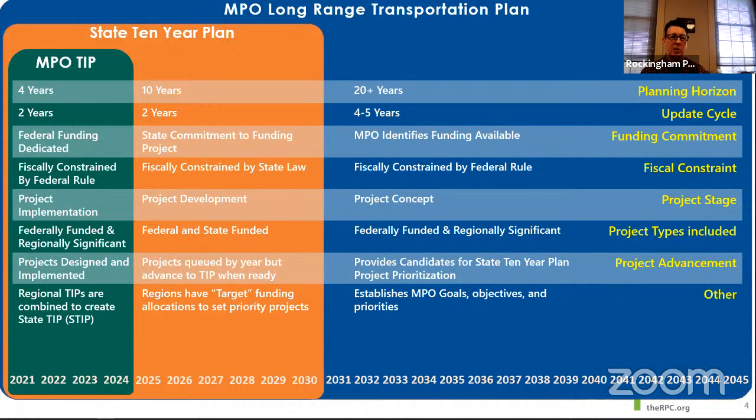So something like a turnpike project, which is using state dollars from the turnpike, but is on I-95 or something like that, that would be considered regionally significant, and we would need to include that. We have to have everything be fiscally constrained, in that we aren't planning to spend more money than we expect to have on projects. This is where any project that's being designed or implemented is listed in the TIP. And then again, as I said a few minutes ago, all the regional TIPs are combined to create the state TIP.